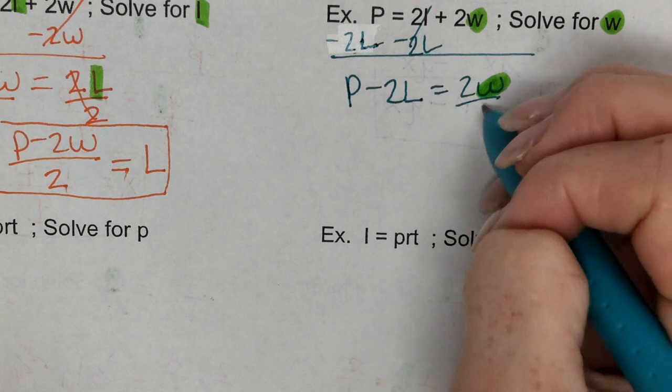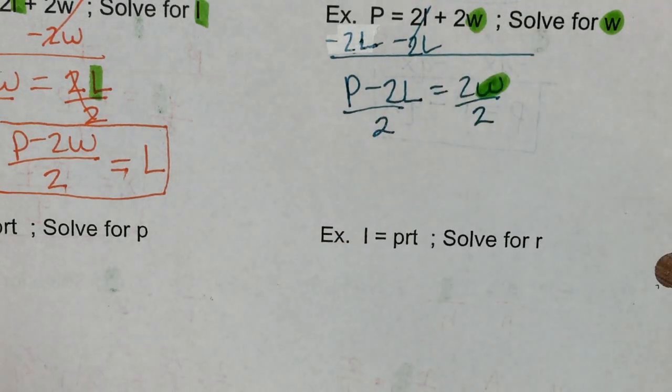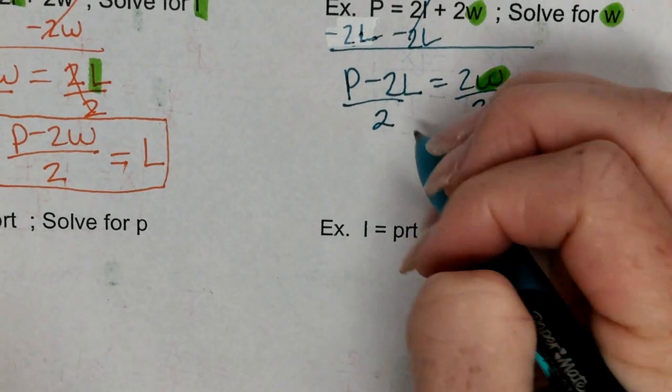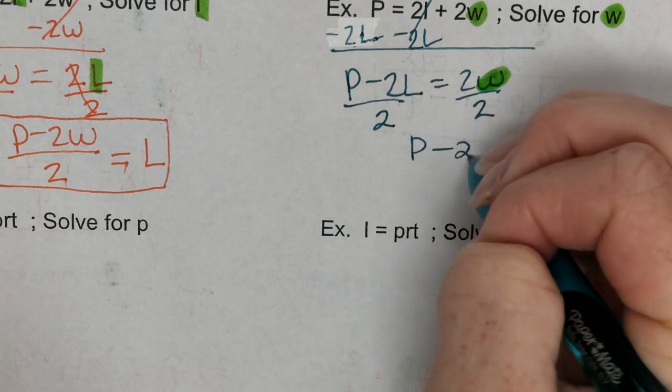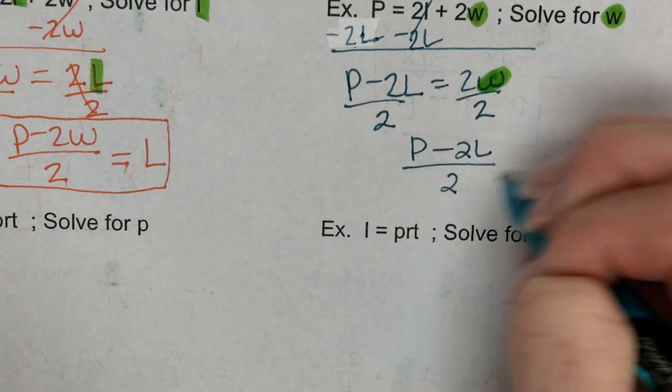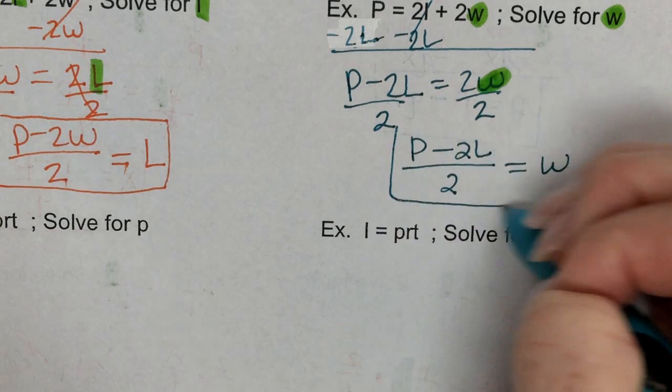So I'm going to divide both sides by 2. So I have P minus 2L over 2 equals W.